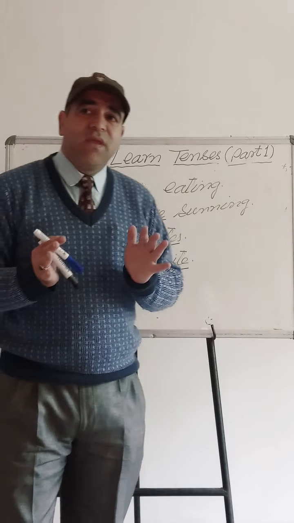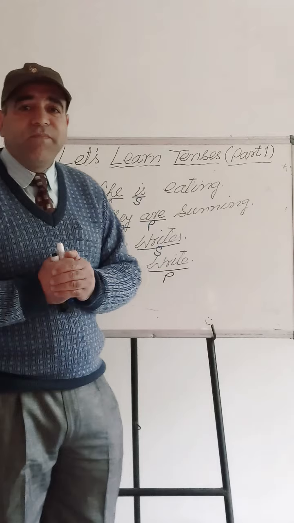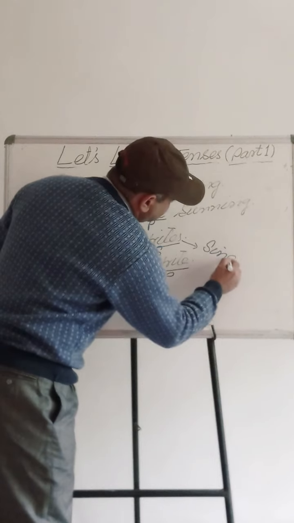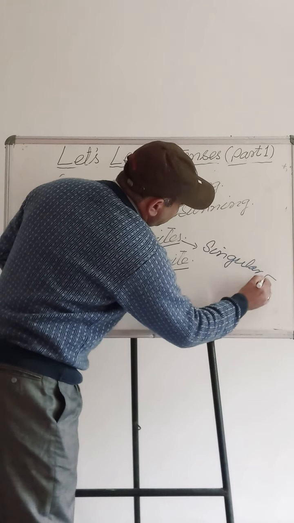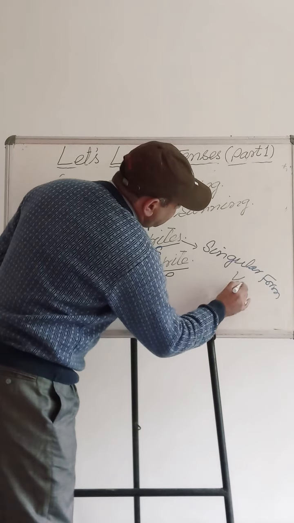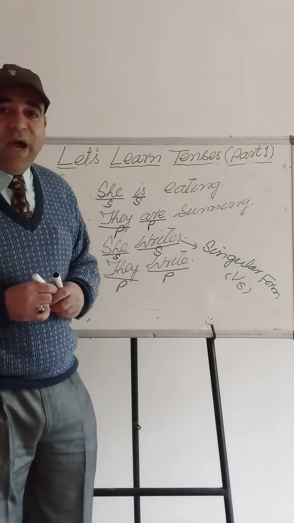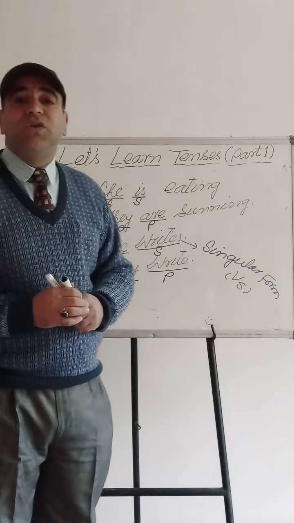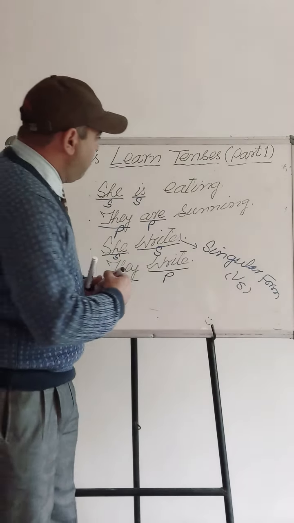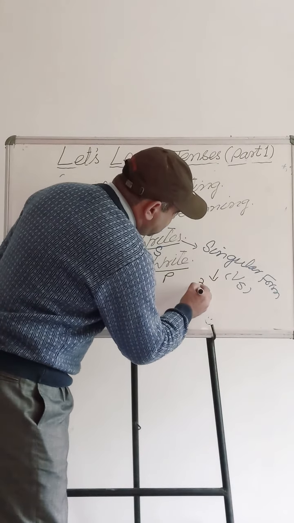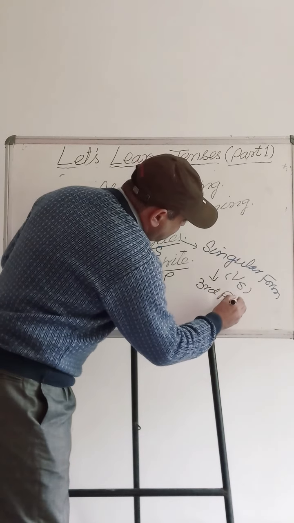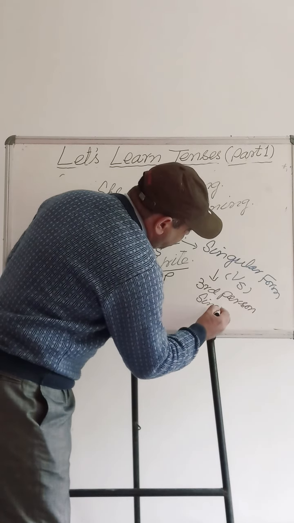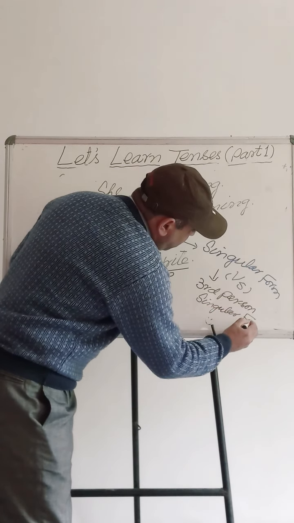That means there is one more form of verb, called the singular form of verb, and that is the fifth form of verb, and we denote it by V5. But this form is always used with the third person singular. That is why this form is known as the third person singular form.